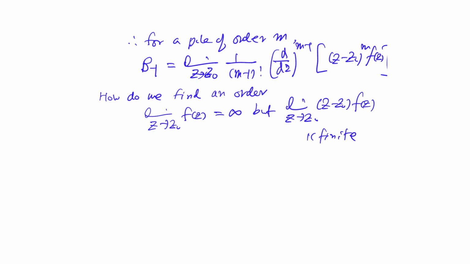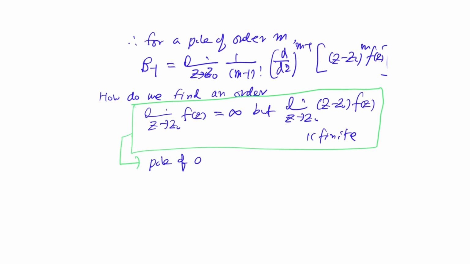In this case, or sometimes we call it a simple pole. Pole of order 1 is called simple.